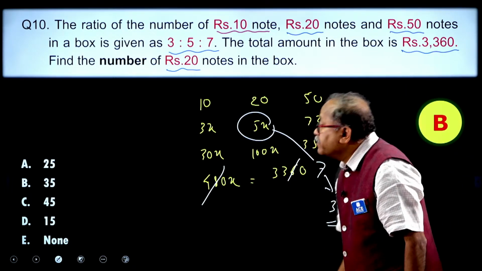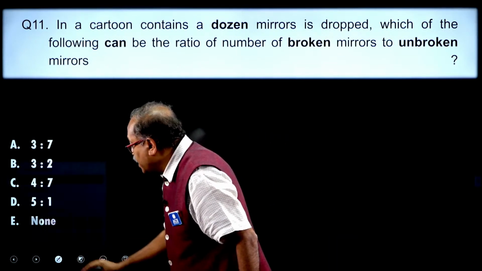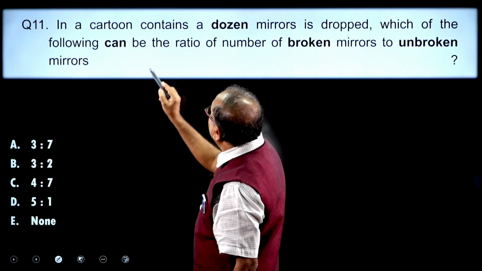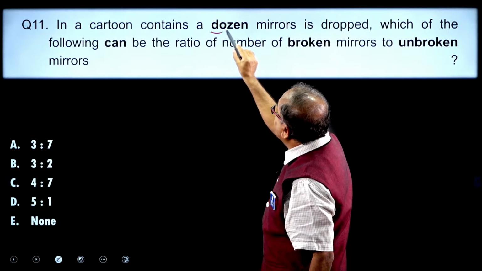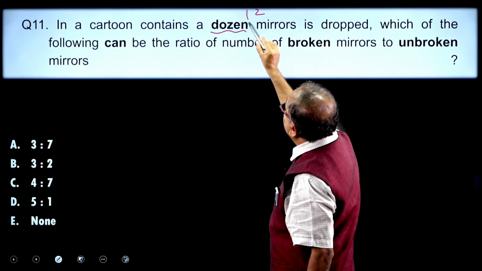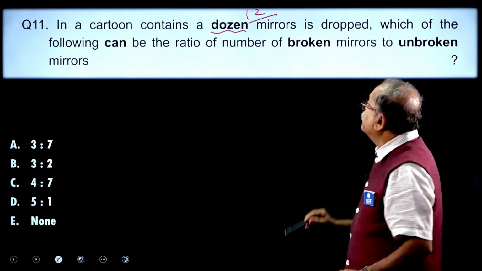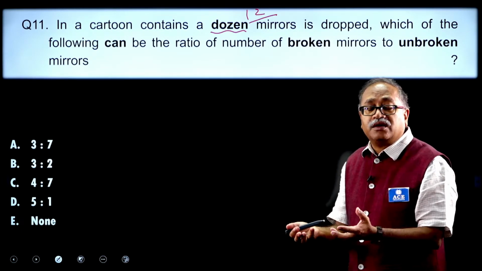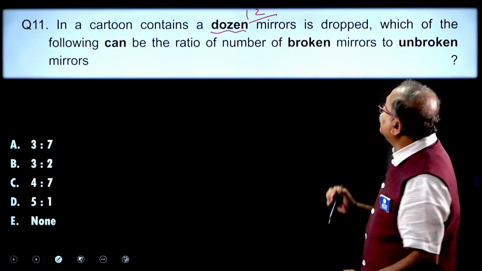Right, my dear friend. I am moving on to the next question, question number 11. And look at this question. A carton contains a dozen, that means 12 mirrors, and it is dropped. You are carrying a carton, 12 mirrors are there. By mistake, the box has fallen down.